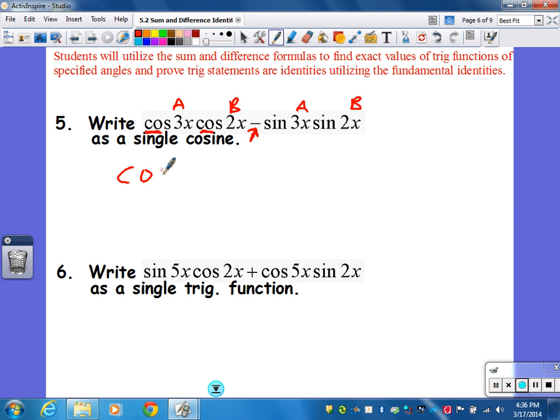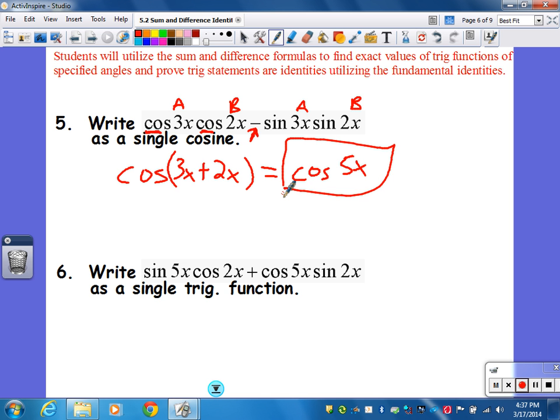So we're going to say cosine. And then, like I said before, we have a negative, so I'm going to put a plus. Then I can put my A in, which is 3x, and my B in, which is 2x, which is equal to cosine 5x. And we're in cosine. That's a neat looking rectangle there.